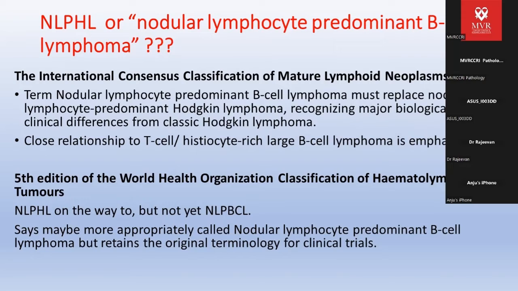It has robust B-cell markers. All the B-cell markers, CD20, PAX5, OCT2, are quite bright. There is no CD15, and it's not associated with EBV. There's nothing to call it Hodgkin lymphoma. So the term NLPHL is obsolete. It should be replaced by nodular lymphocyte B-cell lymphoma, and it is seen to have a close relationship with T-histiocyte-rich large B-cell lymphoma.